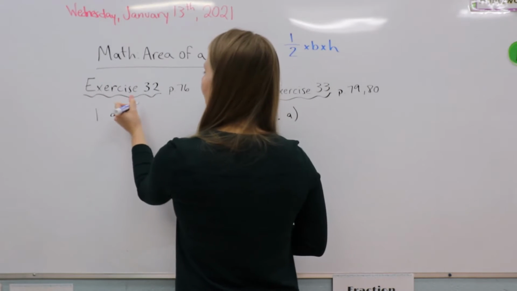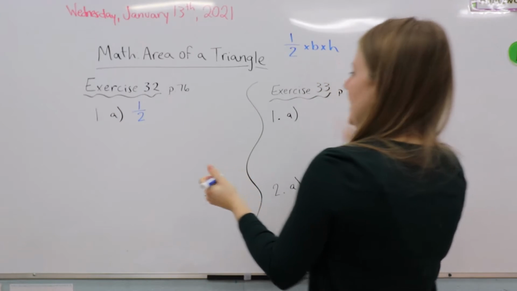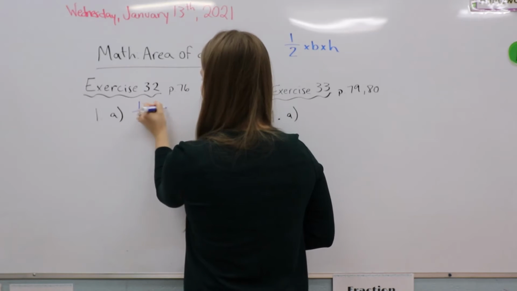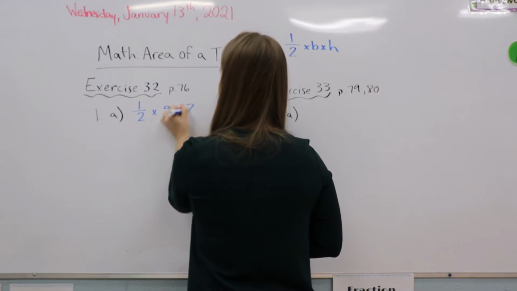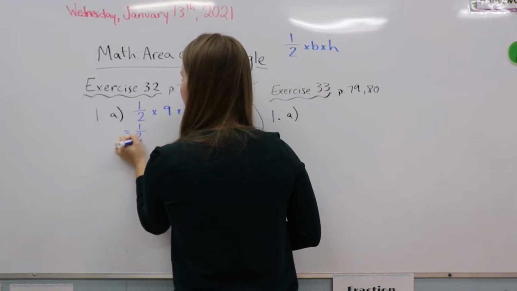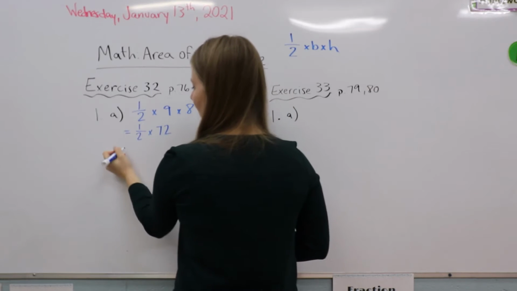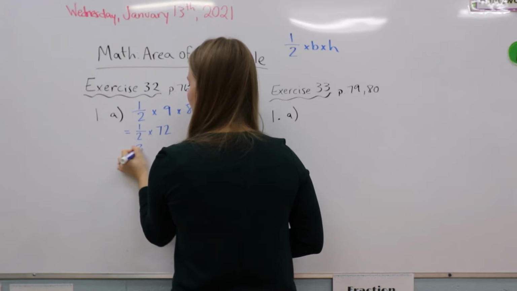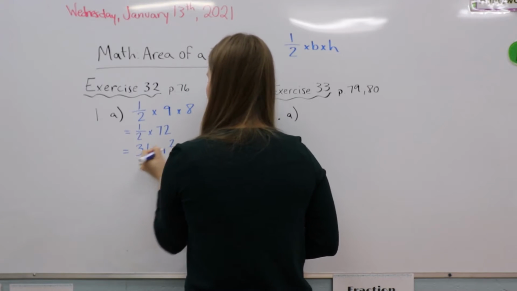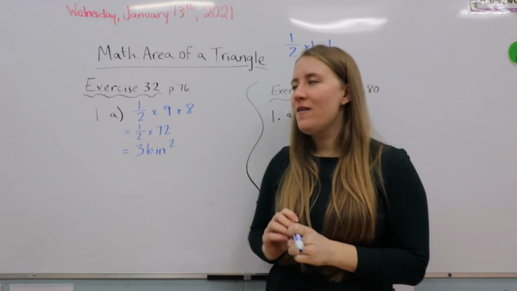So we go half times base times height, half times 9 times 8, which equals half times 72, which equals 36. And remember our units, inches squared.